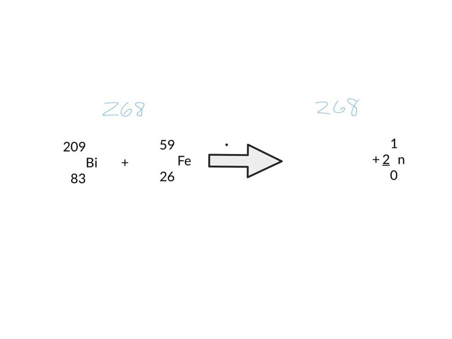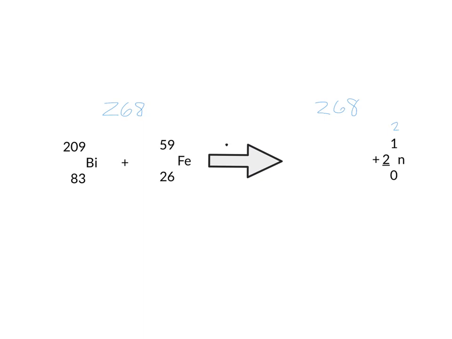Now over here we have two neutrons that are formed. So right away that's going to take up 2 of our value here. So this is equivalent to 2, and we have to make it add up to 268.